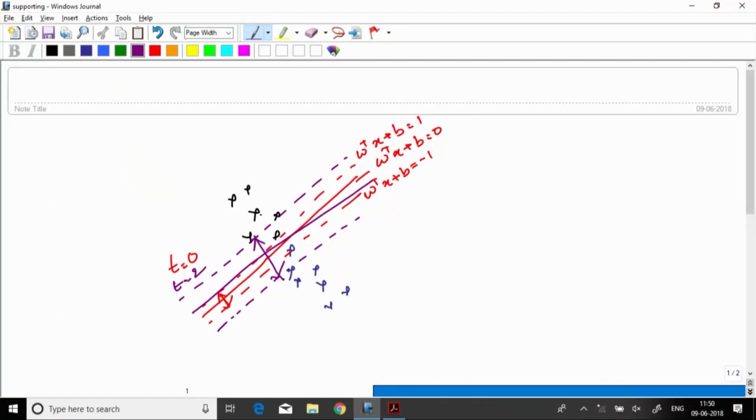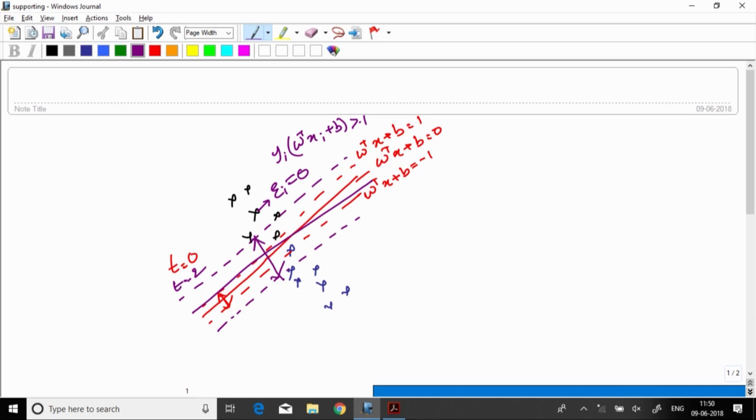So for this point, what is the xi_i? For this point, already W transpose x_i plus B is greater than 1. So therefore xi_i will be 0.